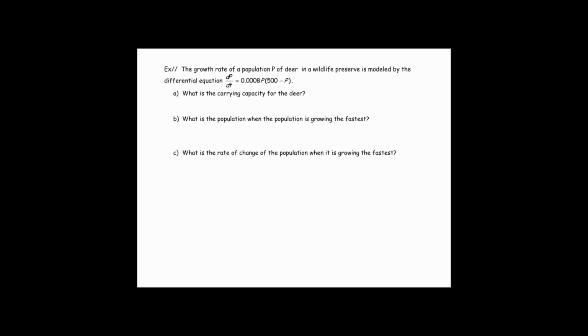So you'll want to form fit here and notice that this does have the form kP(M minus P), so our k is 0.0008, where our M is 500. And as long as you know what those values mean, you can answer these questions pretty easily.